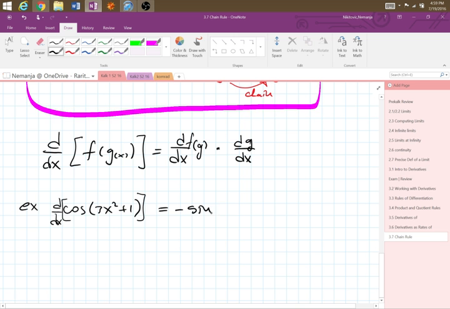Negative sine x. But instead of writing x, we write 3x squared plus 1. And then we have the times. And then we have to take the derivative of g, which is 6x. Very good. So that is your chain right there. That's the chain.